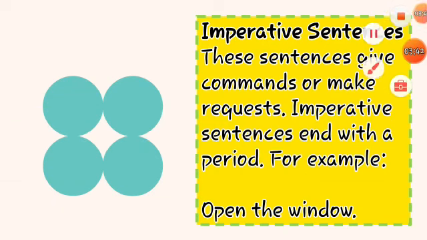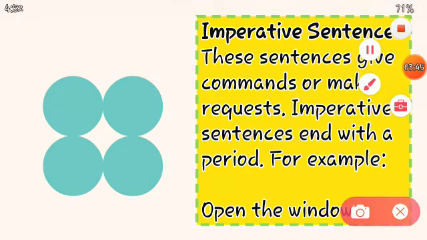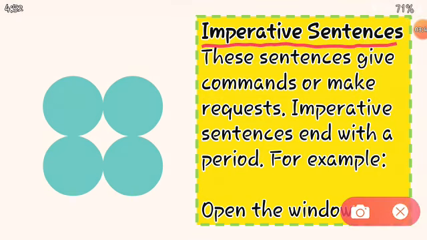Next is the imperative sentence. In imperative sentences, friends, we should keep in mind that an imperative sentence always starts with a main verb where the subject you is always hidden. Actually, these sentences give us a command or make a request.